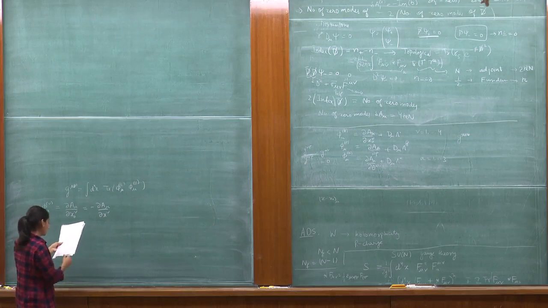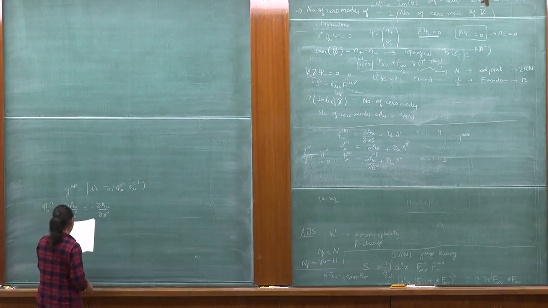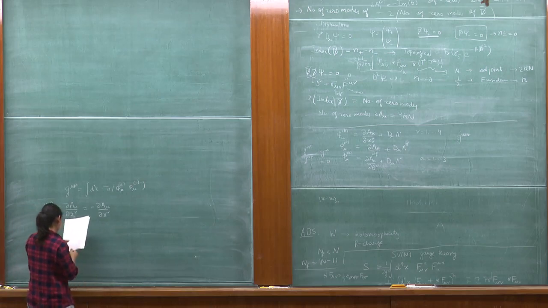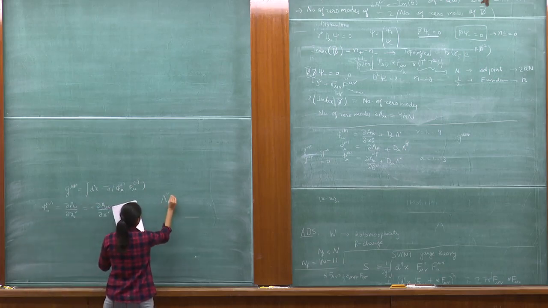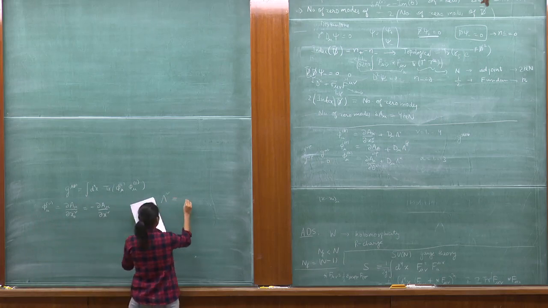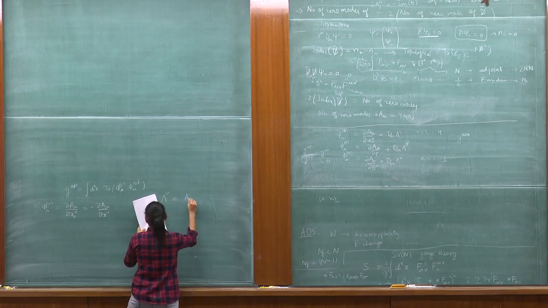And now you can add the gauge thing. So basically, the gauge lambda I, which is lambda nu for this case, you can choose as A nu classical.